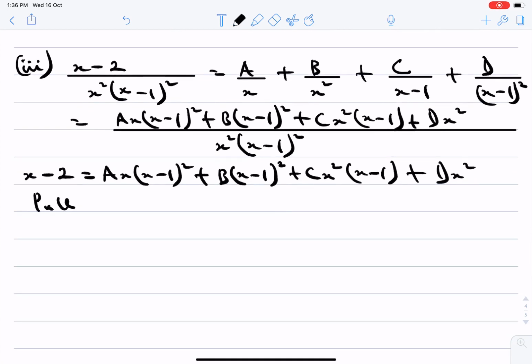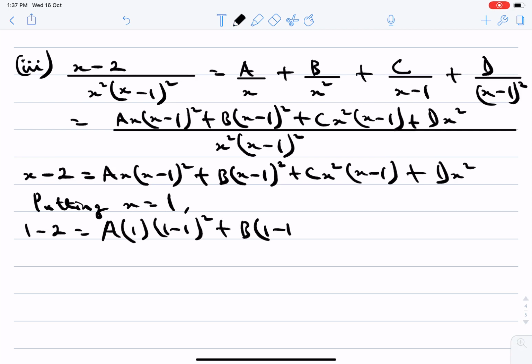Putting x equals 1. 1 minus 2 is equal to a times 1 times (1 minus 1) squared plus b times (1 minus 1) squared plus c times 1 squared times (1 minus 1) plus d times 1 squared.